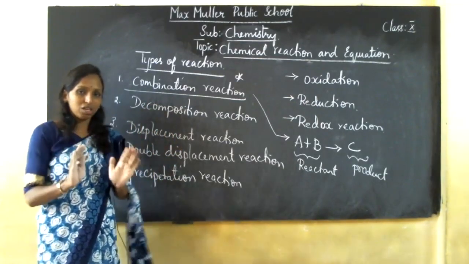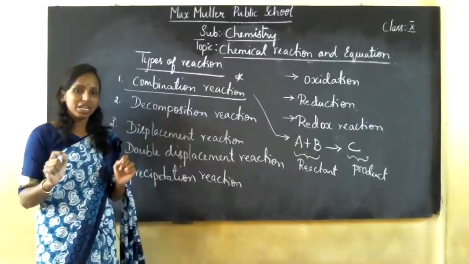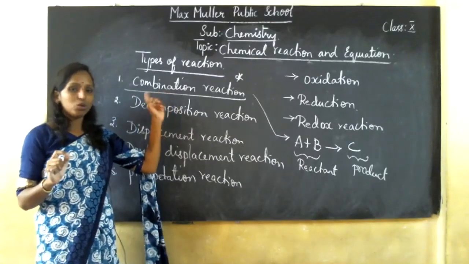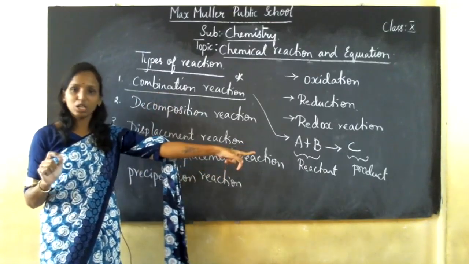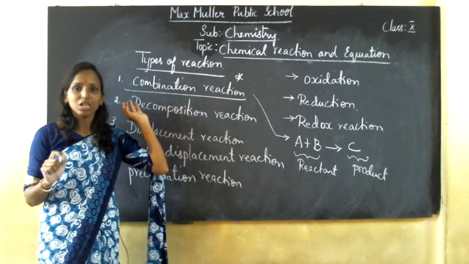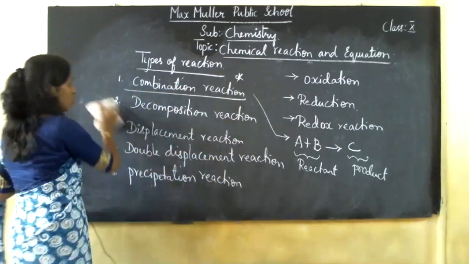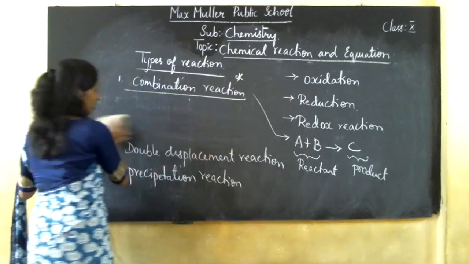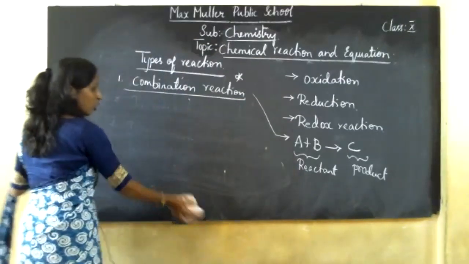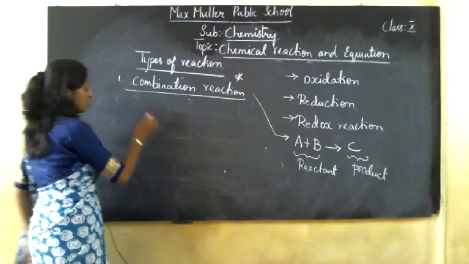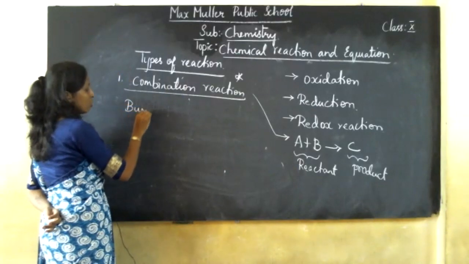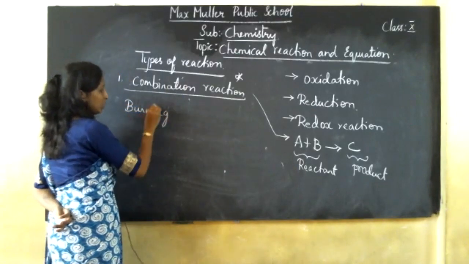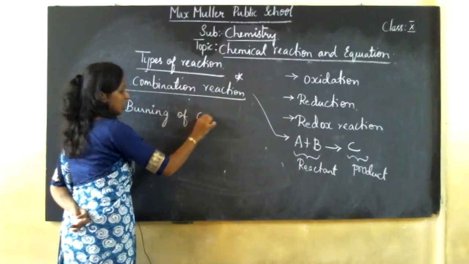The same way here also, a chemical reaction where two or more reactants react together to give you a single product is nothing but called a combination reaction. To study more examples of combination reaction, if I take burning of coal, it's an example.